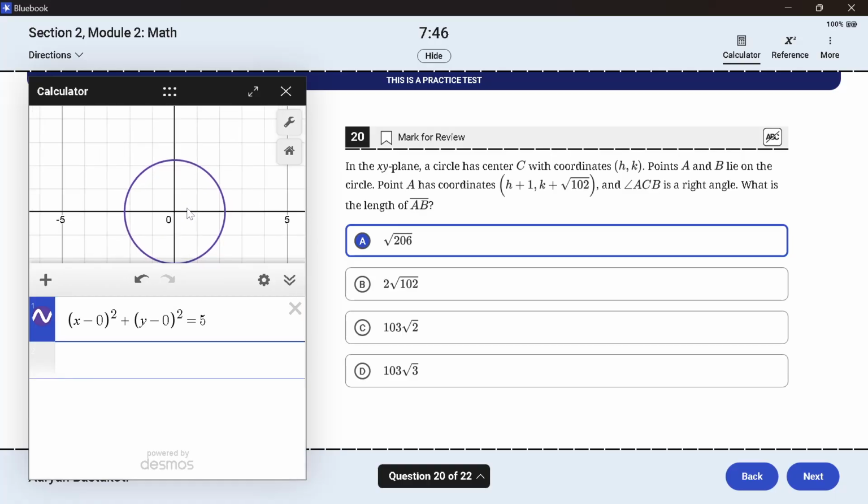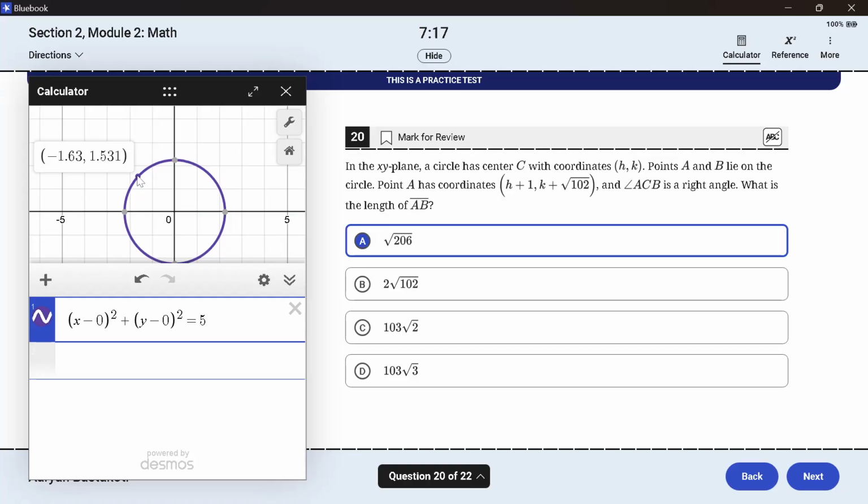If this was a circle, and let's say a point lies somewhere here, right? That point would be h plus 1 comma k plus root 102. Since h comma k is 0 comma 0 here, we get that this point would be around minus 1.65 comma 0 plus 1.531 for the y value, and you get this point.